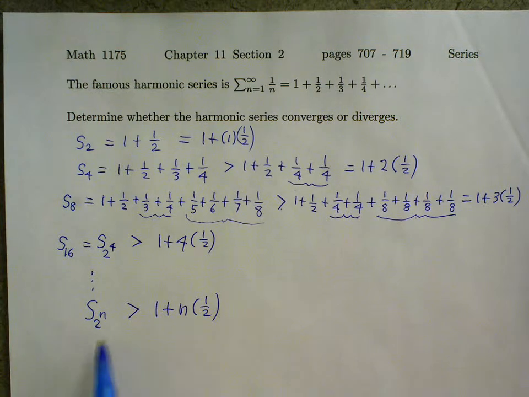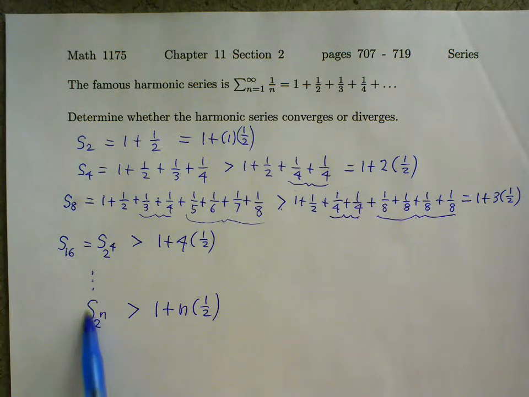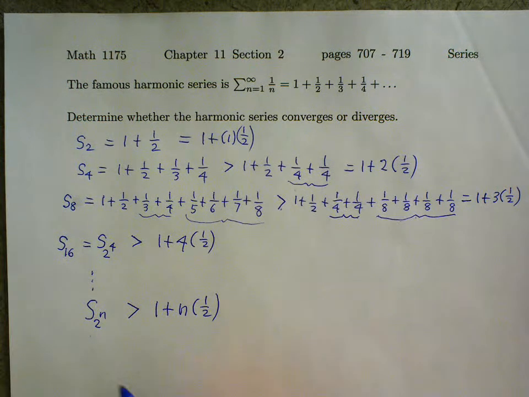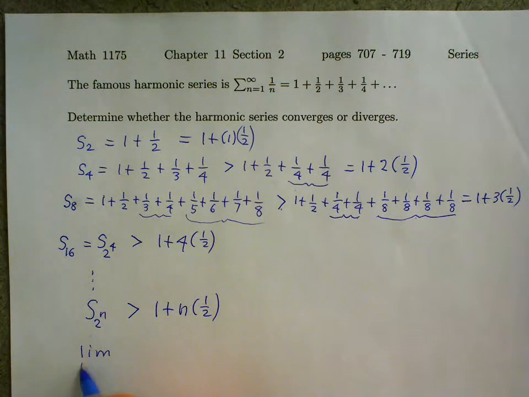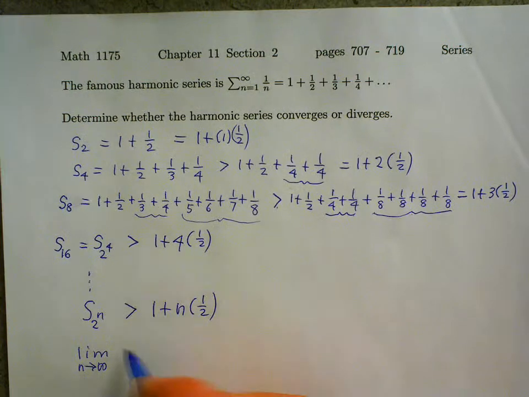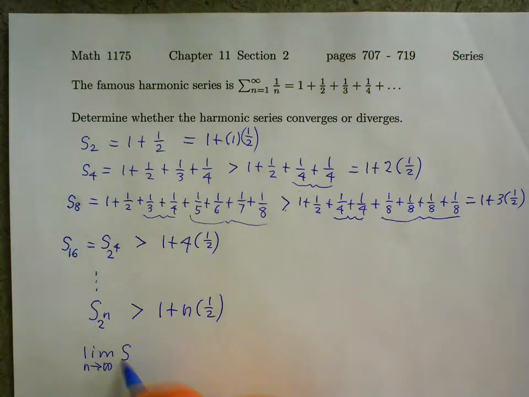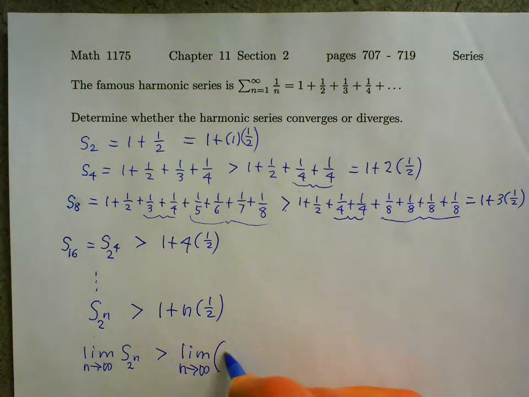Remember, the sequence of partial sums, these are coming from the harmonic series. So the limit as n approaches infinity of s sub 2 to the n has to be greater than the limit as n approaches infinity of 1 plus n times 1/2.